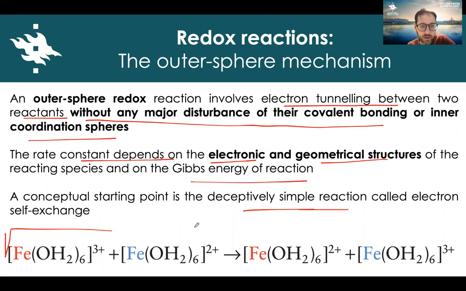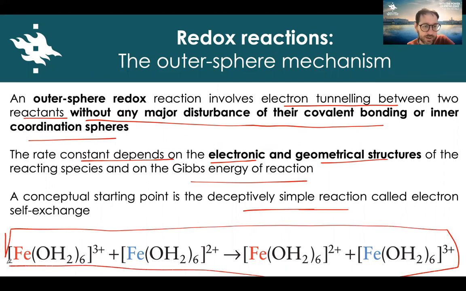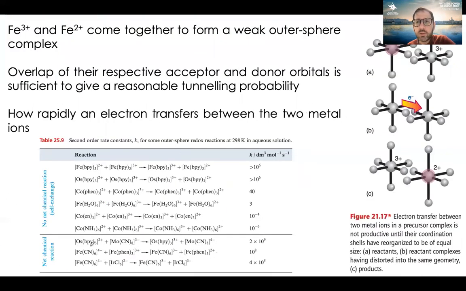A conceptual starting point to understand this simple reaction, which is not simple, is electron self-exchange, in which we can have redox between metals having similar ligands, in this case hexa-aqua complexes of iron 3 and iron 2. In this mechanism, the two species come together to form this outer sphere complex.